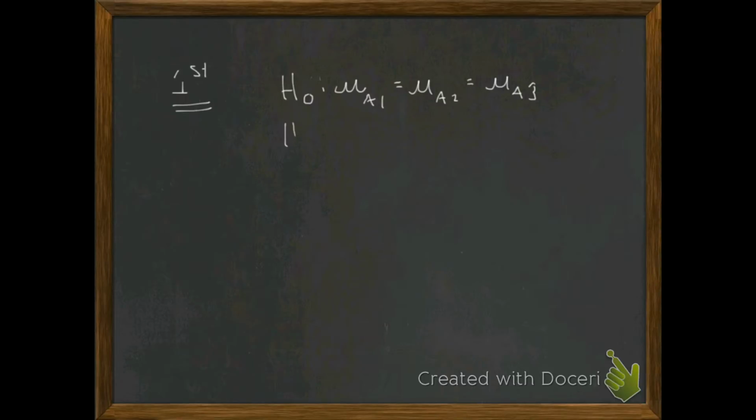So our first hypothesis is all about factor A. So really what we're doing in the first null hypothesis is just carrying out a standard ANOVA.